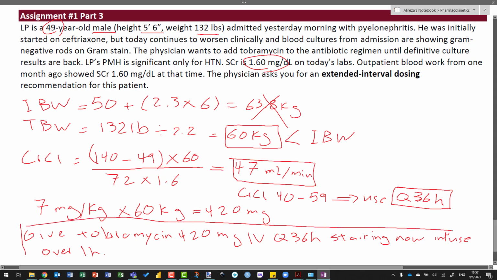And this is the recommendation for this part.